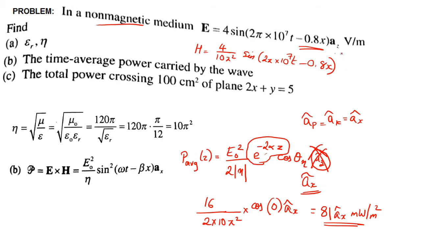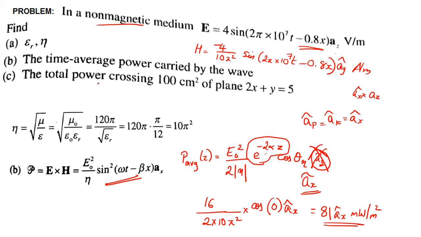What about the direction? To get H, it is AK cross AE. So AX cross AZ will be minus AY, in ampere per meter. You can get the H equation from this, and then multiply E cross H to get this value. You can do it both ways, but here I have directly substituted the value. So now I got 81 Ax milliwatt per meter square.